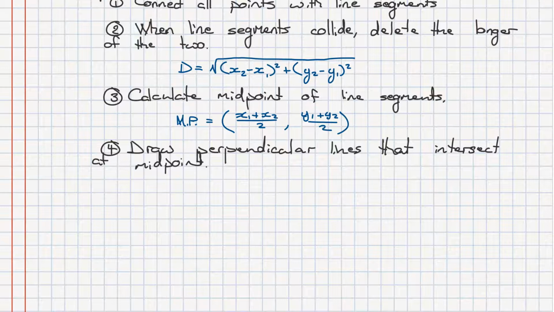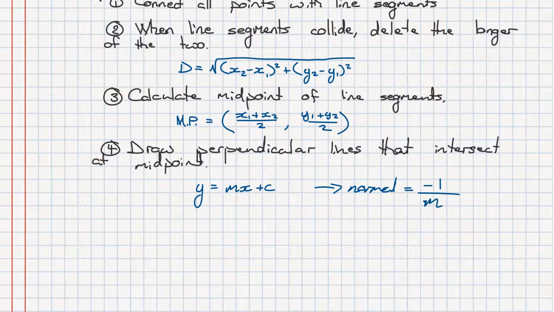Now, of course, to do the perpendicular, we're going to get y equals mx plus c, and our normal is going to be -1 over the gradient, like so. And to calculate c, then you need to figure out how you're going to do that.